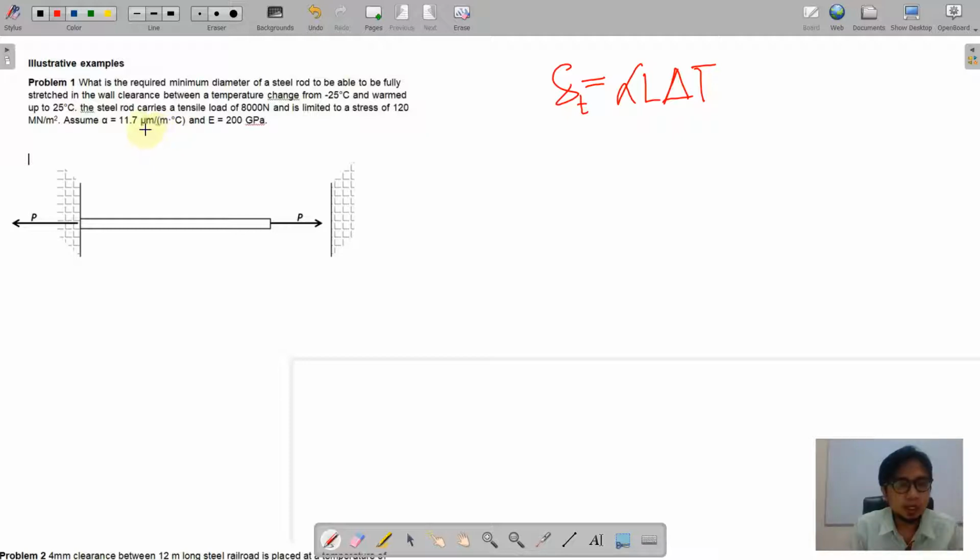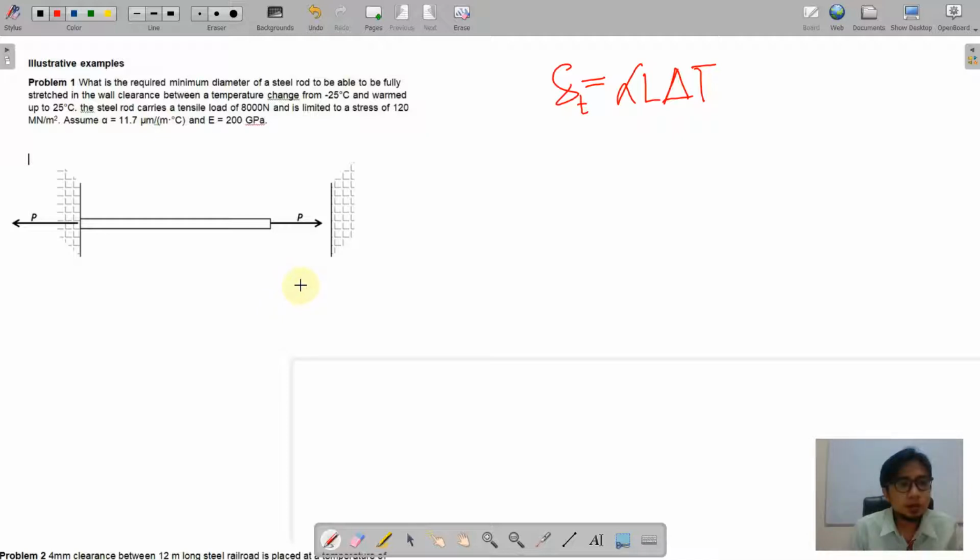Delta T is expressed in degrees Celsius, alpha in micrometer per meter degree Celsius, and L is in meters.